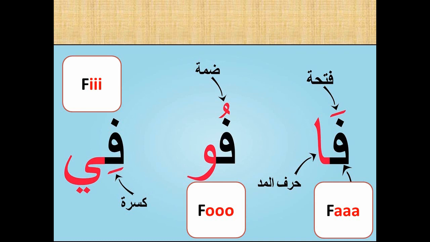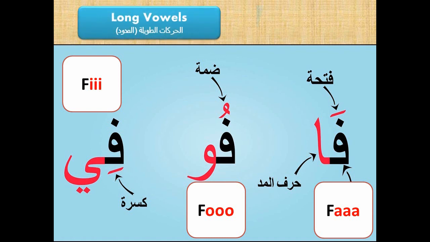Again, I emphasize that you should memorize and learn the Arabic alphabets by heart in order to understand this lesson. You can go back to the previous lesson, then you can start the video again and you can practice. All right, we have Fa with Alif, with long one. We say Faa. We have Damma above the letter. With Waw, we say Foo. And Fi with Kasra, we pronounce it Fee, long one. This is for long vowels.